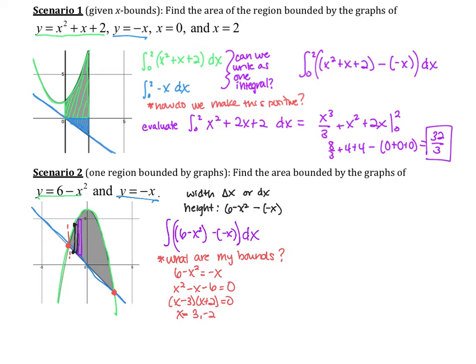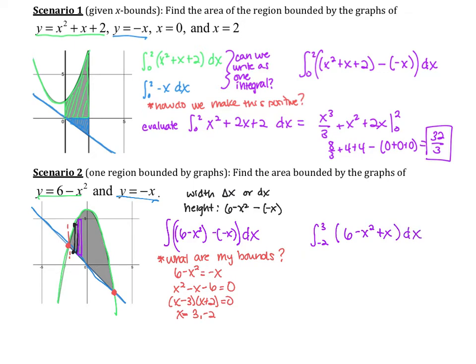Those would be my bounds. I'm going to start at negative 2 and end at 3, and I'm going to subtract: 6 minus x squared plus x dx.